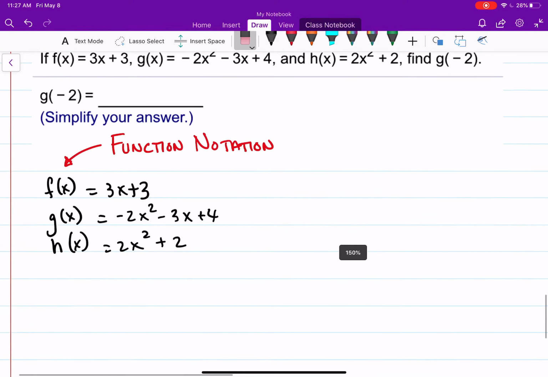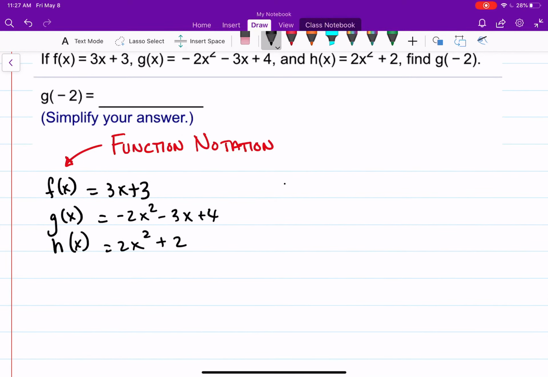So now with that being said, it wants me to find g of -2, okay? So first of all, the g here is calling for the g function, okay?